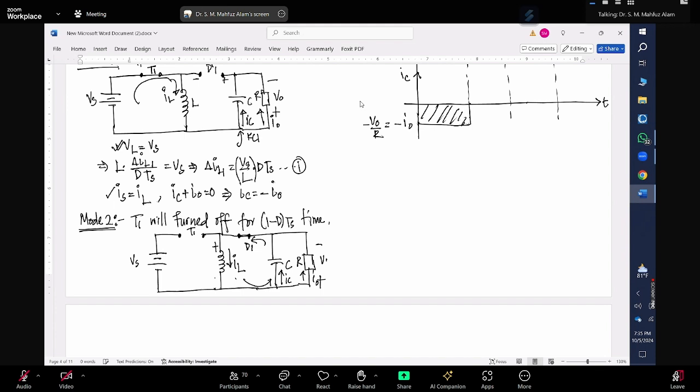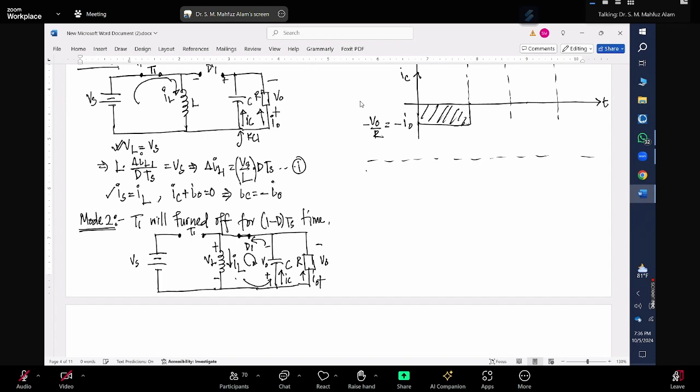And previously the inductor polarity, we considered that in that way. So now, can anyone tell me what should be the voltage across the inductor? Minus V naught. So if I take Kirchhoff's voltage law here, this should be also my V naught.